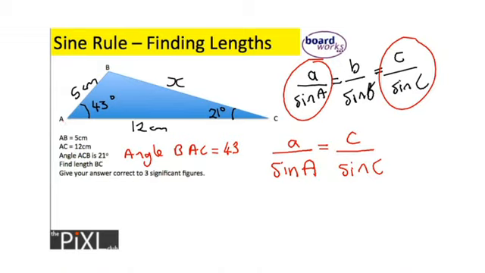So we have A is our unknown here, so we can put x in, divided by sine of the angle 43. That's the angle on A. Is equal to C, the length here, AB, which is 5, divided by sine 21.